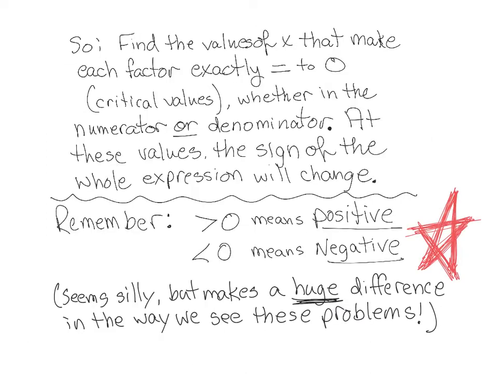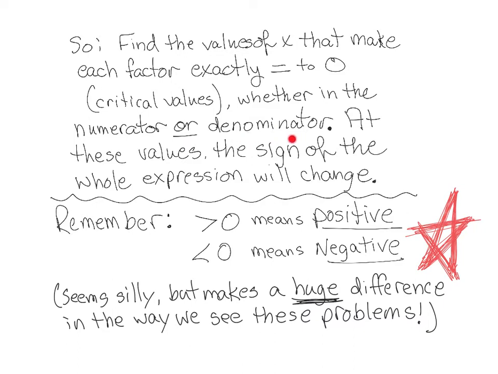So here we go. The first thing you need to do is find the values of x that make each factor in your problem exactly equal to 0. I'm going to call these my critical values or my crits. Whether those values are in the numerator or the denominator, it doesn't matter.